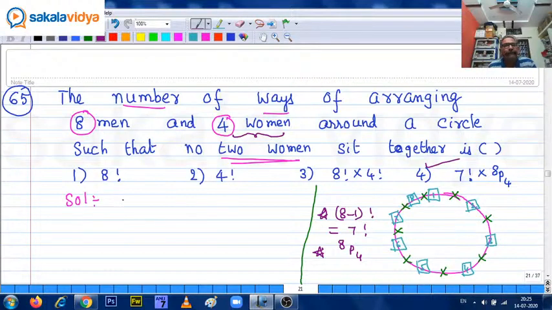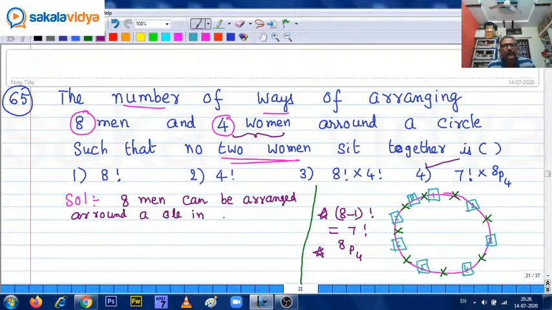So 8 men can be arranged around a circle in 8 minus 1 factorial equal to 7 factorial.